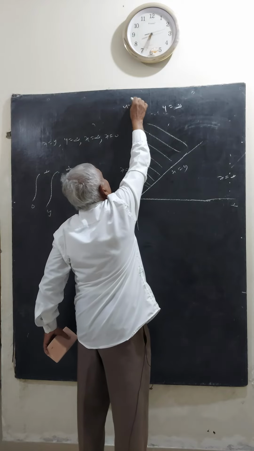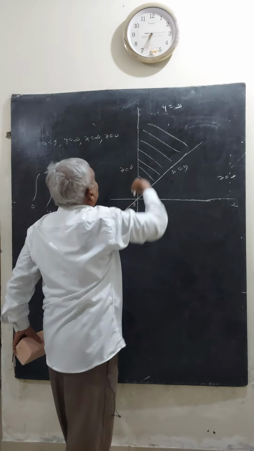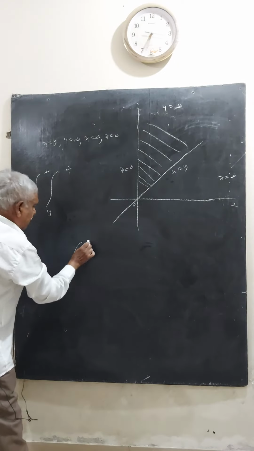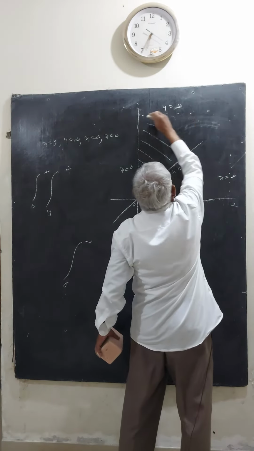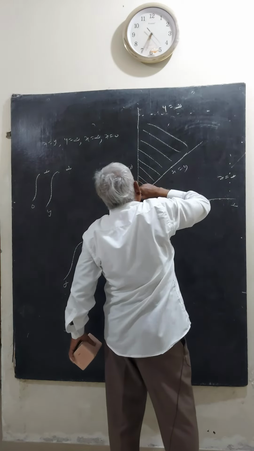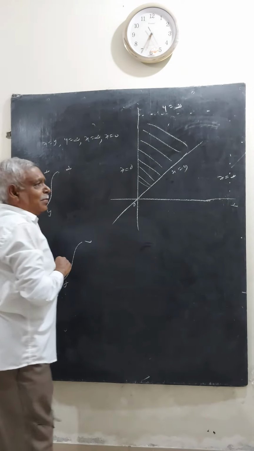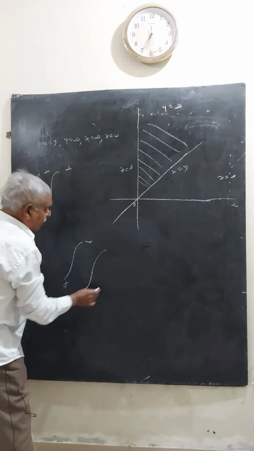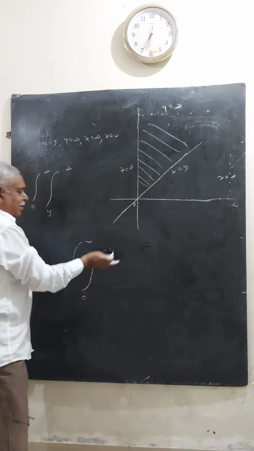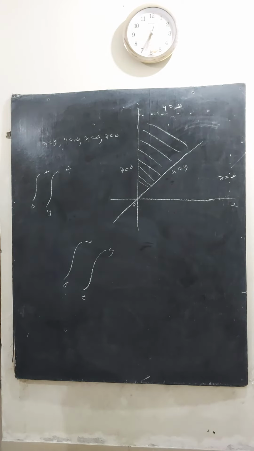Y equal to 0 to infinity. This line y equal to infinity cuts the y axis at infinity, so the y axis limit is 0 to infinity. X is left to right, x equal to 0 on the left, x equal to y on the right. In this way we are changing the order of integration.